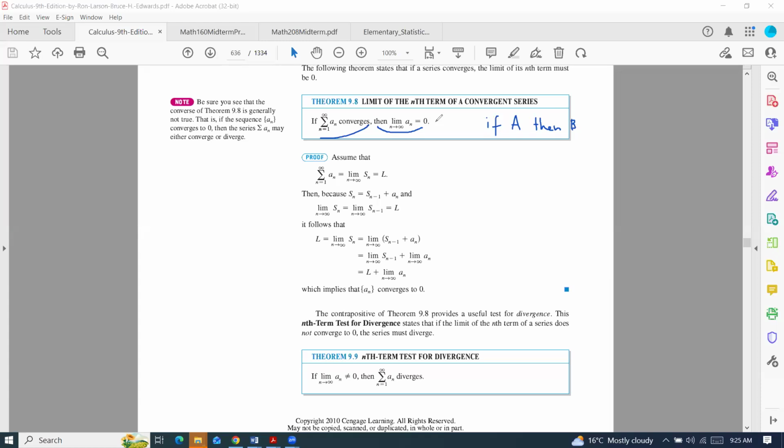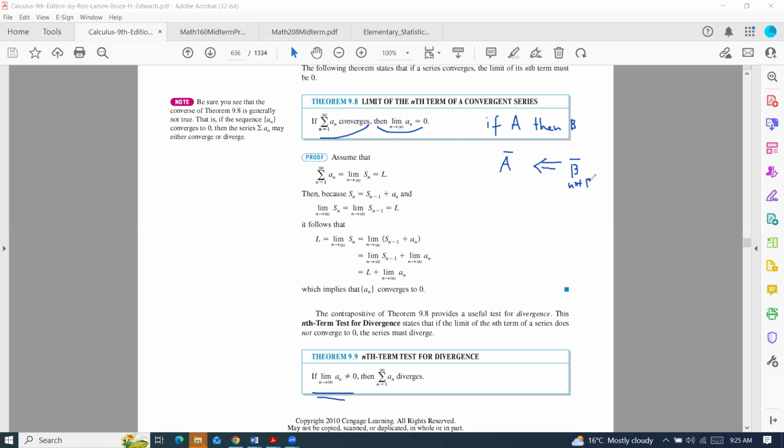That's important to realize, because if the terms do not approach 0, that's the so-called contrapositive statement: not B, then not A. It turns out they're logically equivalent.